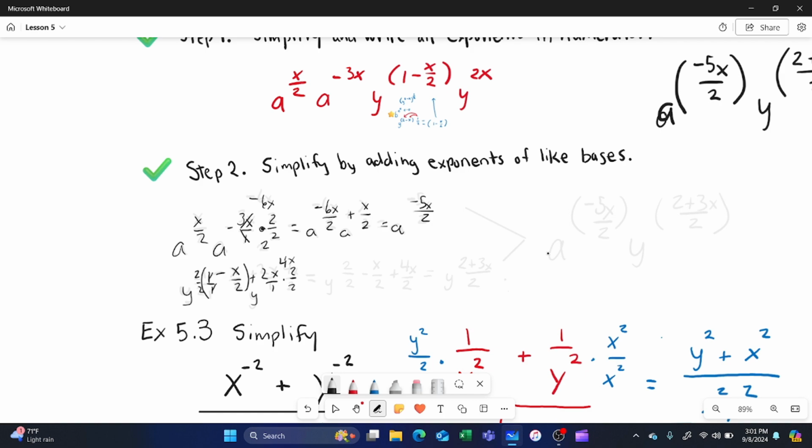We're going to be distributing this in. So when you distribute that in, you're going to end up with 2 over 2 minus x over 2 plus 4x over 2. Ultimately, y is going to be your 2 plus 3x all over 2. That's your new exponent.